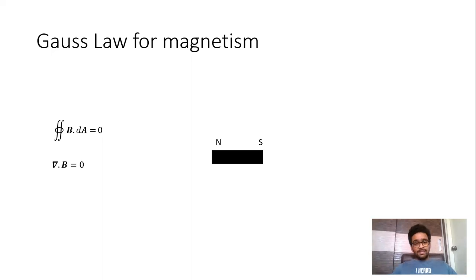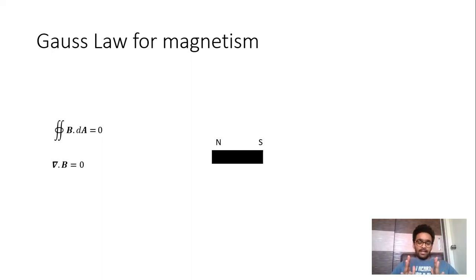If it is coming inside, it is negative divergence. If you have both going out and coming inside, then the net flux will be 0. If you have n flux lines going out and n flux lines coming inside, then the net flux n minus n is always equal to 0. This is the case here.